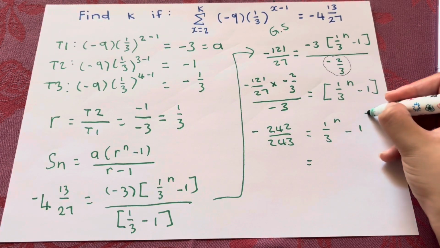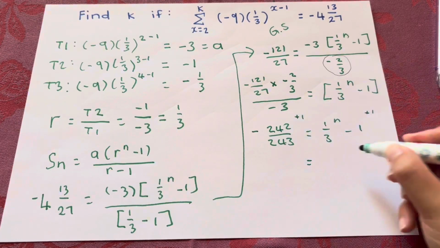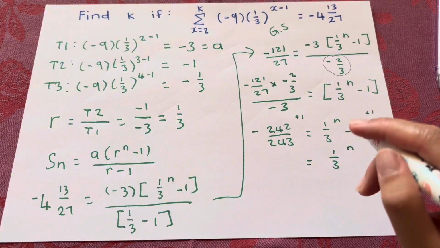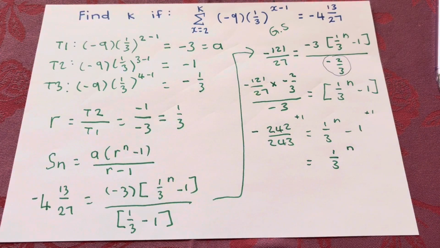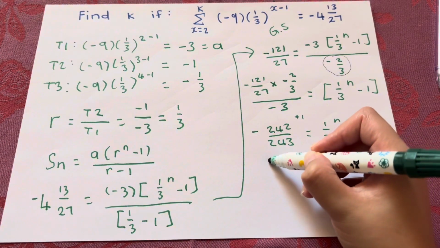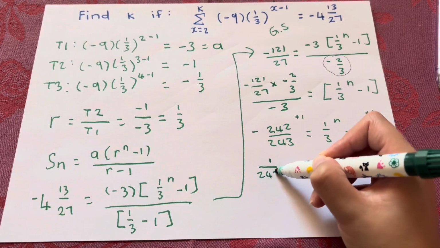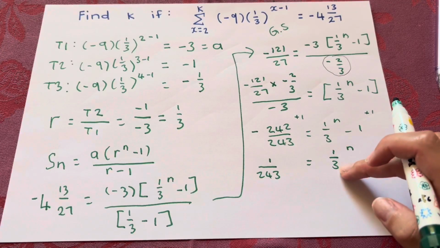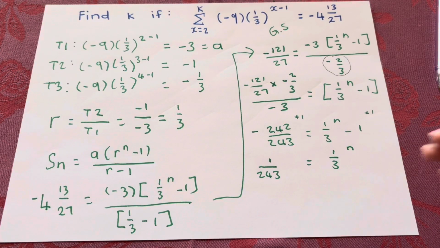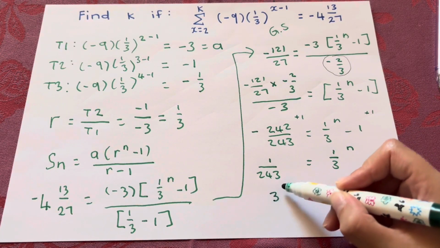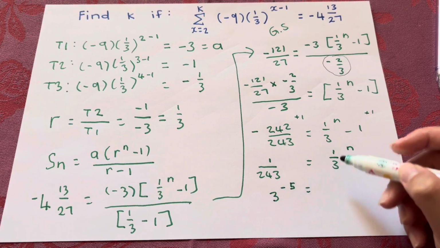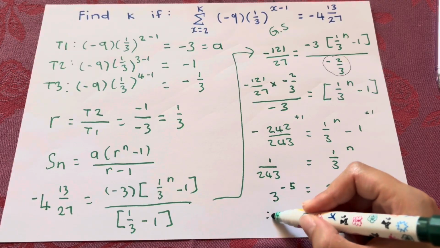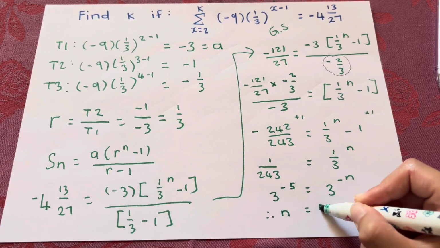So if I plus 1 here and I plus 1 here, it isolates the 1 on 3 raised to the n, and then the left-hand side becomes 1 on 243. There's potential in this because both the left and the right can be expressed as prime base 3. So this is 3 to the power of negative 5, and this is 3 to the power of negative n, which means, therefore, the value of n is positive 5.